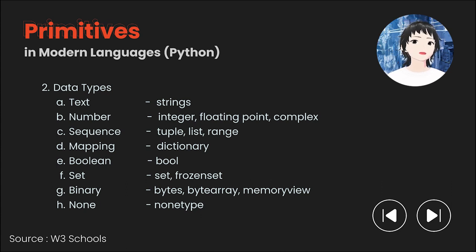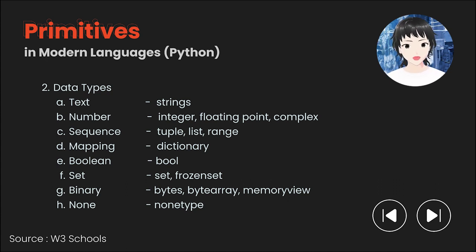Next are the sequences. So you can store a sequence of data in form of a tuple, list, or range. For mapping the data, you have the dictionaries, at least in the Python language. The Boolean data type, which is basically true and false, is a data type which works on conditionals. So there's a condition given and it sees whether the condition is true or false and it works according to that.